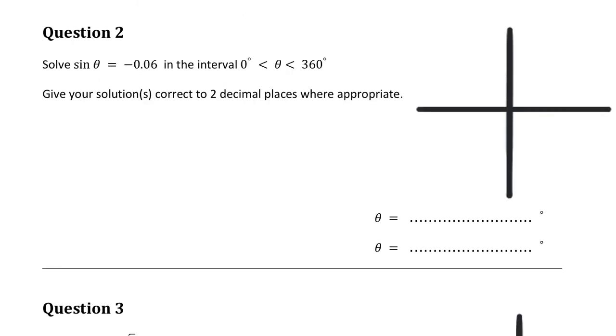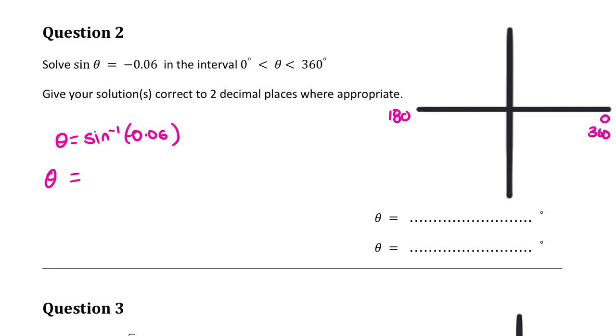Okay, next one. We're going to solve sine theta equals minus 0.06 between 0 and 360. So I know I'm going to start at 0, go all the way round, and finish at 360. So I'm only going to go round once, right? So step 1. Theta equals sine to the minus 1 of minus 0.06, so shift sine minus 0.06.